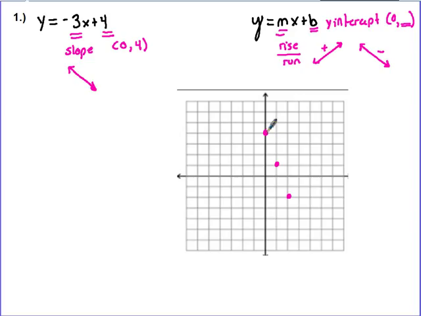I can also go up a positive 3, but go over in the negative direction. And then you can connect your points. And we have graphed y equals negative 3x plus 4. Once again, the y-intercept is 0, 4, and the slope was negative 3 over 1.